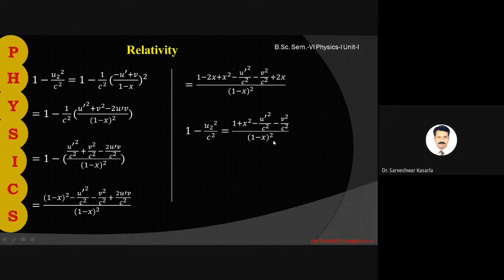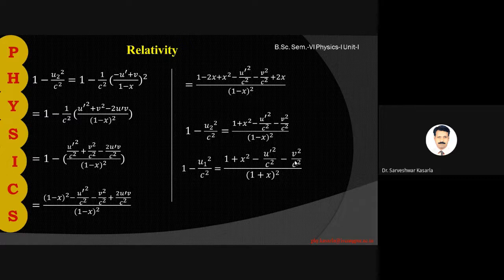You might have remembered we had 1 minus u1 square upon c square as (1 plus x square minus u dash square upon c square minus v square by c square) upon (1 plus x) square. If you compare these two equations, the numerator value is the same.